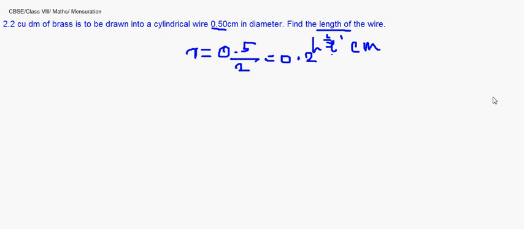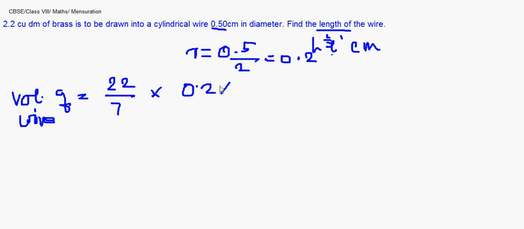Now the volume of the wire is pi r square into h, that we have assumed to be L. But the volume given which has been used from the brass is 2.2 cubic decimeter. 1 decimeter is 10 centimeter, so 1 cubic decimeter will be 1000 cubic centimeter, right?